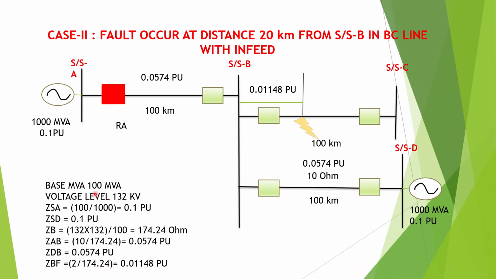So since the base MVA is 100 MVA and the voltage level is 132 kV, ZSA, that is the source impedance at the substation A end, is equal to base impedance divided by fault MVA, which is equal to 0.1 per unit, and ZSD, which is the value of the source impedance at the substation D end, is equal to 100 divided by 1000. 1000 is the fault MVA, which is the same, that is 0.1 per unit, since the fault level of both the substation sources is the same.